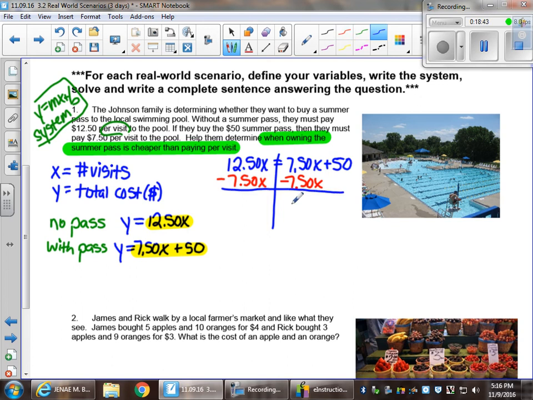I'll give you a second. Get your calculator. We're going to do 12.50 minus 7.50. 12.50 minus 7.50 is 5. So I have 5x equals, this is gone, 5x equals 50. Divide by 5, divide by 5, x equals 10. And we can add a label because I know x represents visits. So x equals 10 visits.